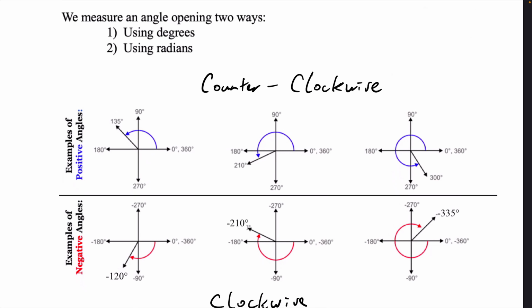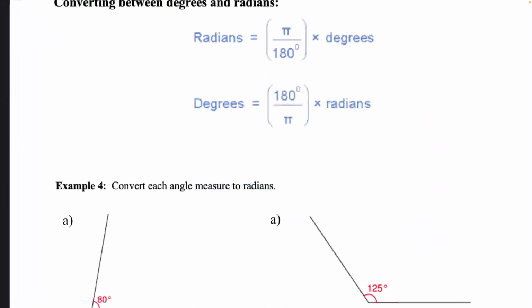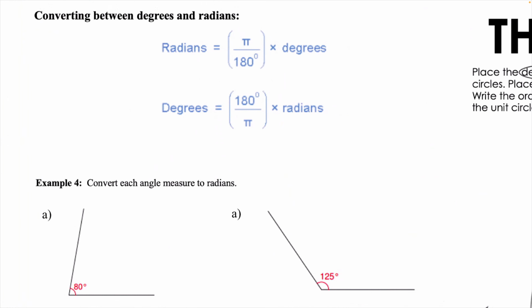That's the difference. Okay, so today the big idea is how do we go between, I know what degrees are. Degrees, you guys have been using degrees probably since elementary school, right? Now we're gonna kind of switch it on you to go to radians, okay? So there's two formulas on how to switch.